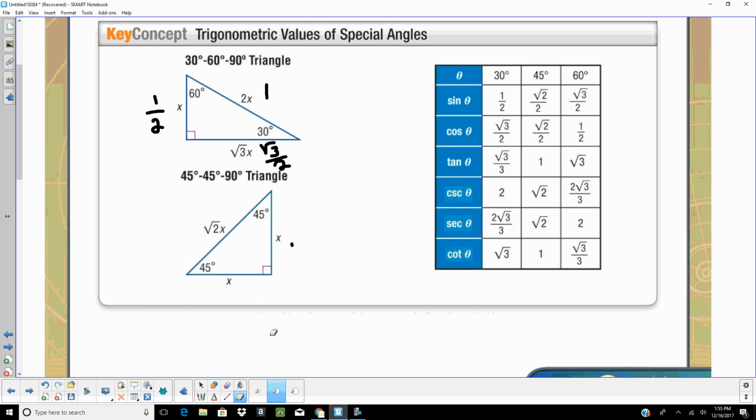So down here, if I were to let my hypotenuse be 1, my leg would be 1 over radical 2, which when I rationalize that is radical 2 over 2.